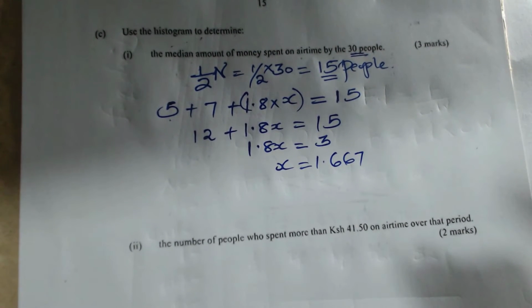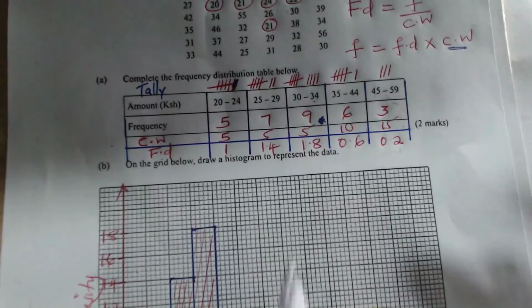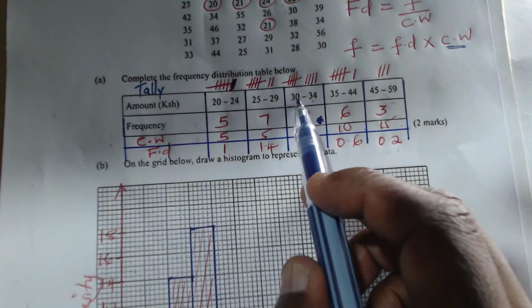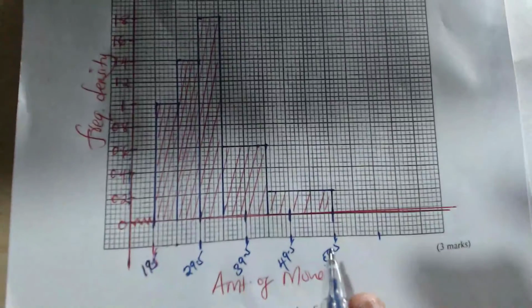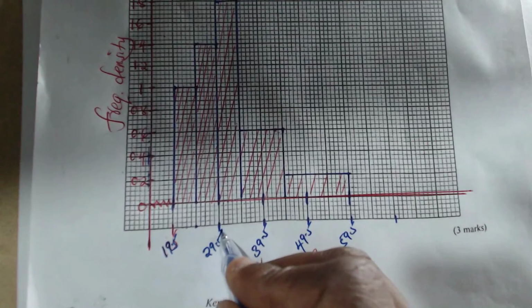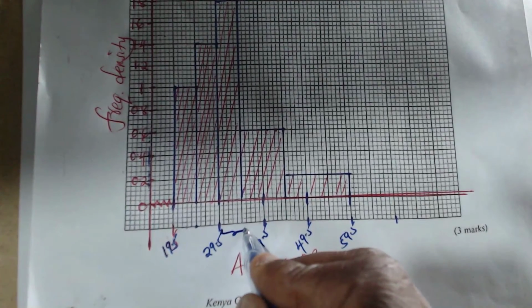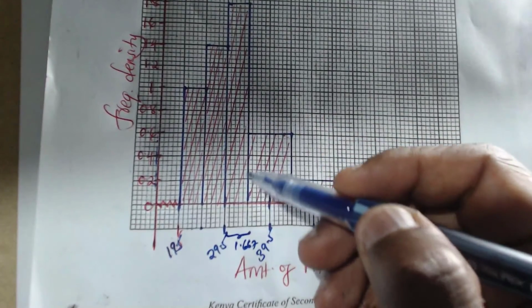And from which class? Now from 29.5, that is this class here. From 29.5, you have to add 1.667 to get the position of the median.